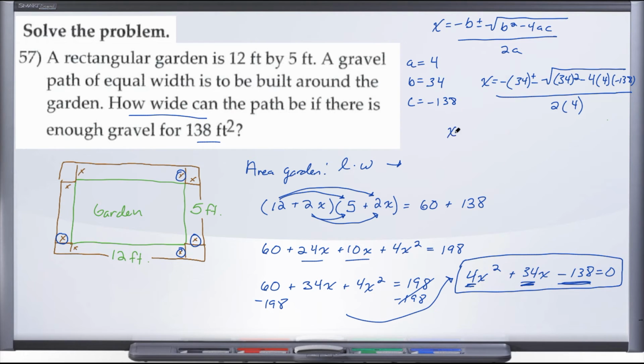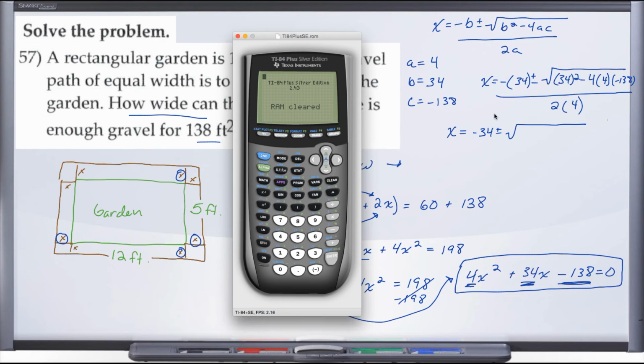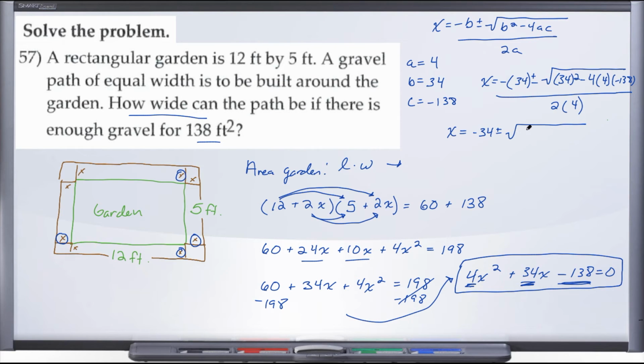All right, so we have x equals, well, negative times 34 is negative 34, plus and minus the square root of b squared. Well, 34 squared, I'm not sure, let's see what that is. 34 squared gives us 1156.